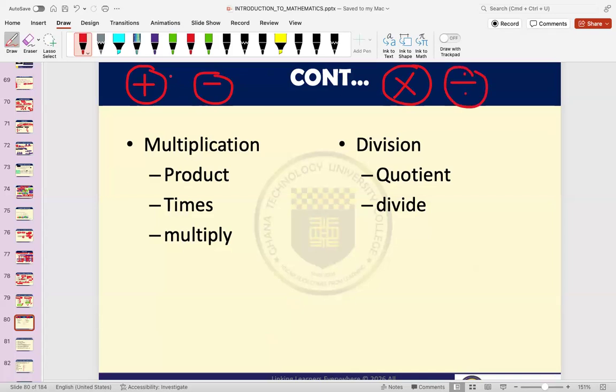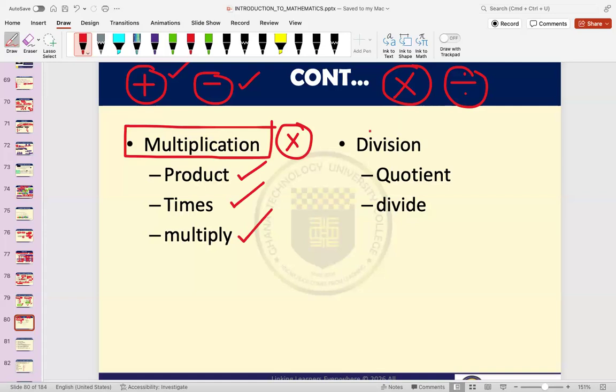So now you know the words for addition. For words that are used to describe multiplication, there are not too many. We have 3 of them, or multiply.